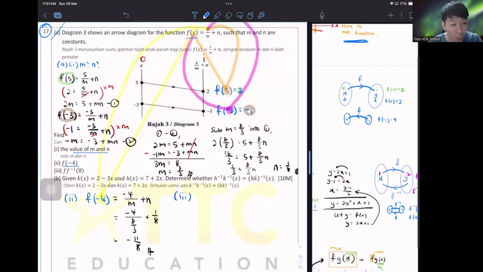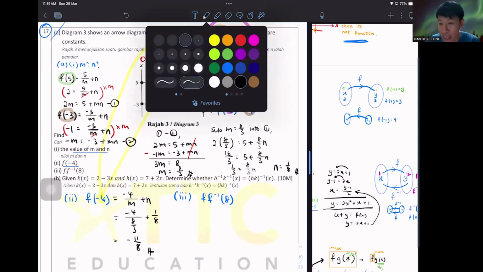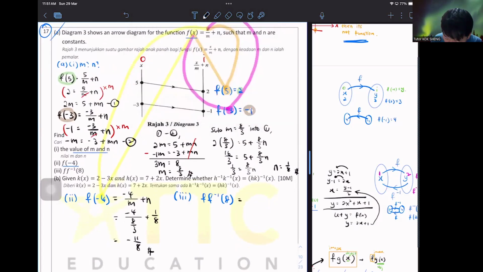One more for part A. So one more for part A: f f negative 1 of 8. This is the easiest one. You see that this is a composite function, right? They combine two, F and the inverse.